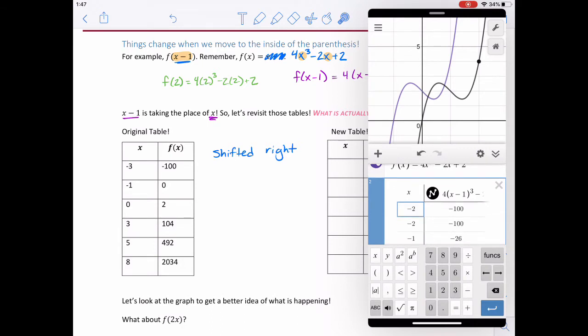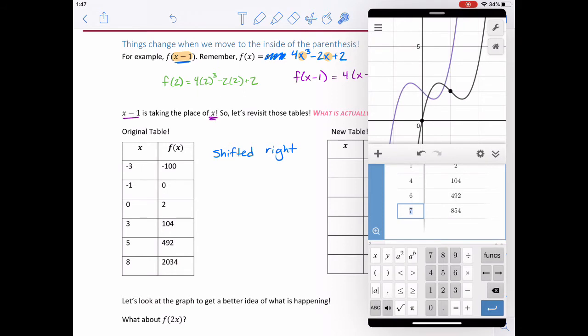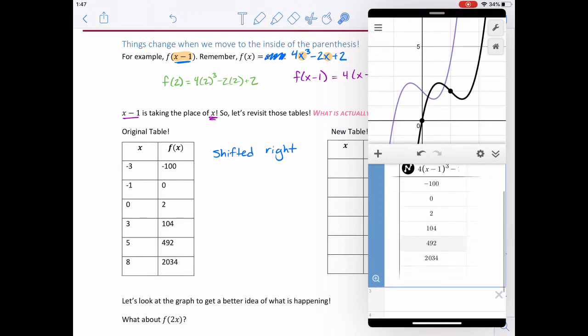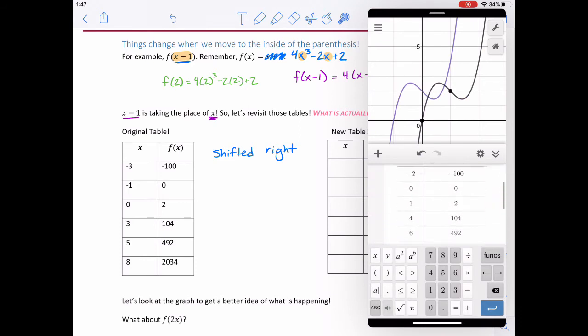So instead of -3, we want -2. Instead of -1, we want 0. Instead of 0, we want 1. We're going to add 1 to 3 to get 4. We're going to add 1 to 5 to get 6. And add 1 to 8, we get 9. And so if we do that, our chart looks exactly the same for our y's.